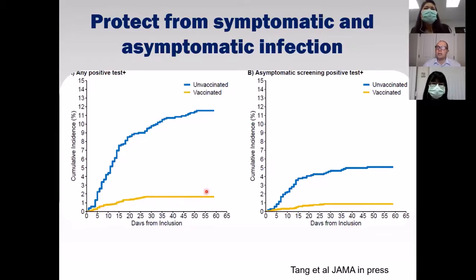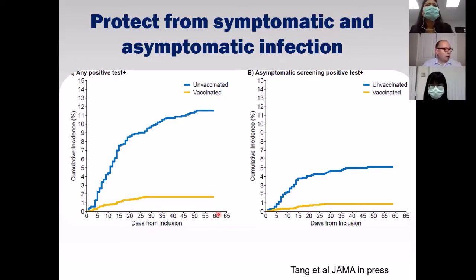We're detecting very, very few infections in our vaccinated population at our hospital, and that goes for both symptomatic and asymptomatic. We do detect a number of infections in asymptomatic people just walking onto campus. But there's quite a difference there too, so the vaccine is doing a really, really good job of protecting from asymptomatic infection as well.